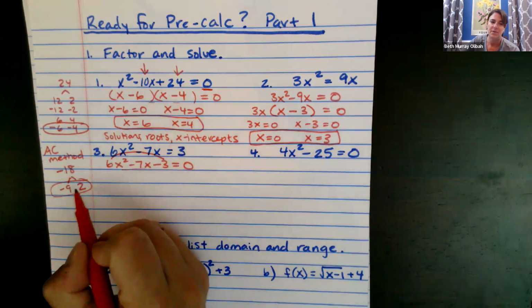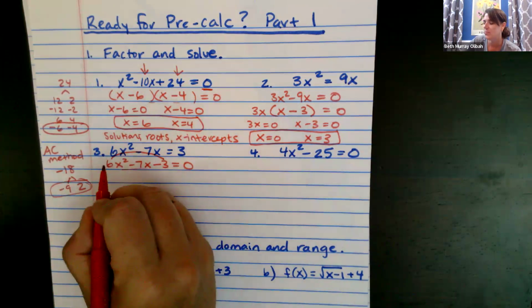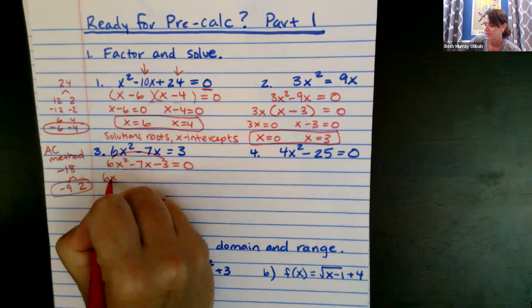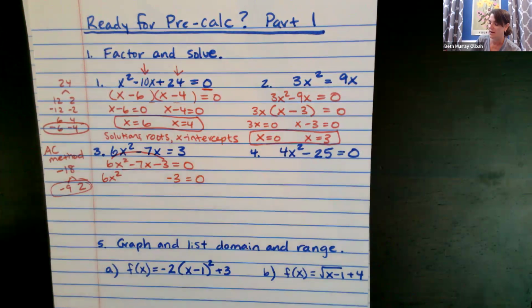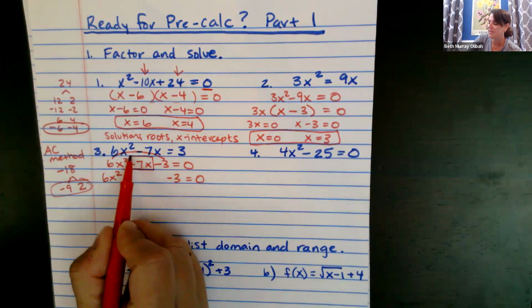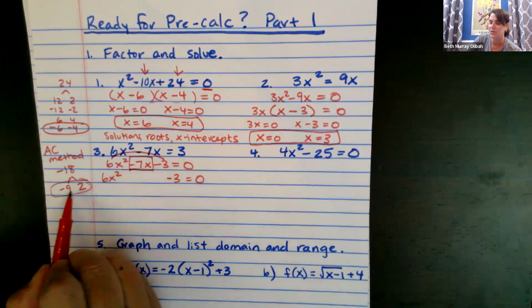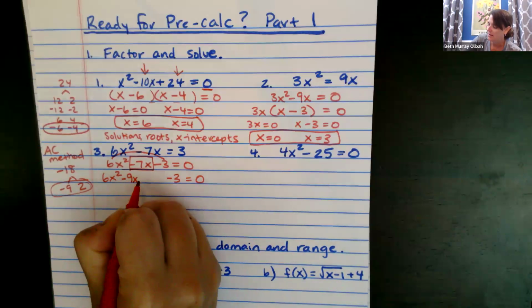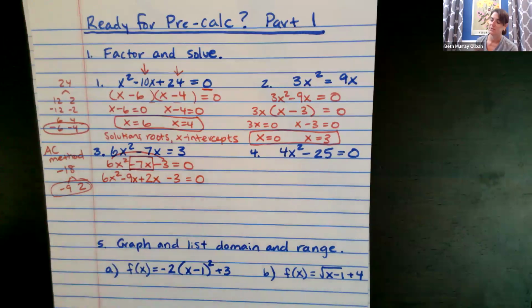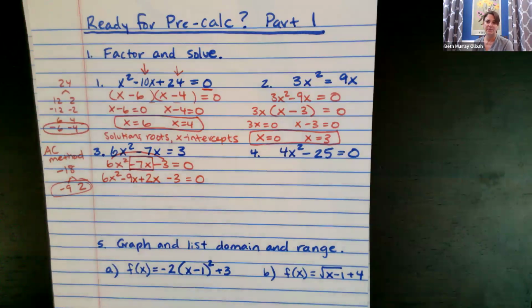With the AC method, once you find these two numbers, you rewrite the problem. So the 6x squared stays there, the minus 3 stays there, but instead of this negative 7x, I'm going to use these two numbers. So I'm going to write negative 9x plus 2x instead of the negative 7x.